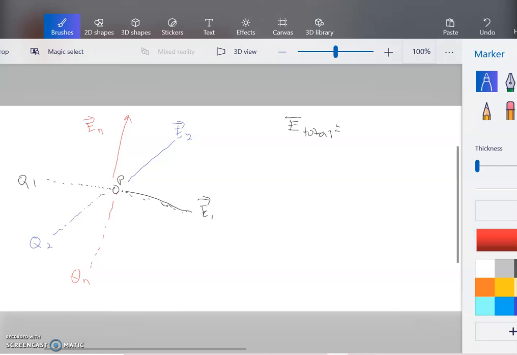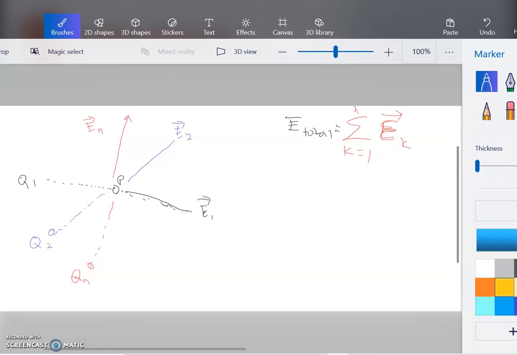So the total electric field intensity here is the summation from k equals 1 until N of all the electric field intensities, E. Sorry, this is E. You notice this case is where Q1, Q2, and Qn are point charges.